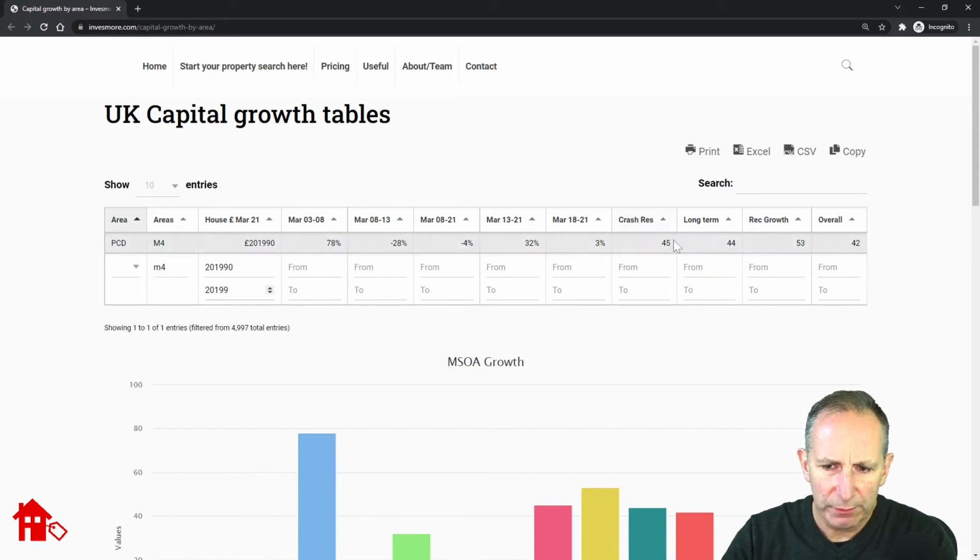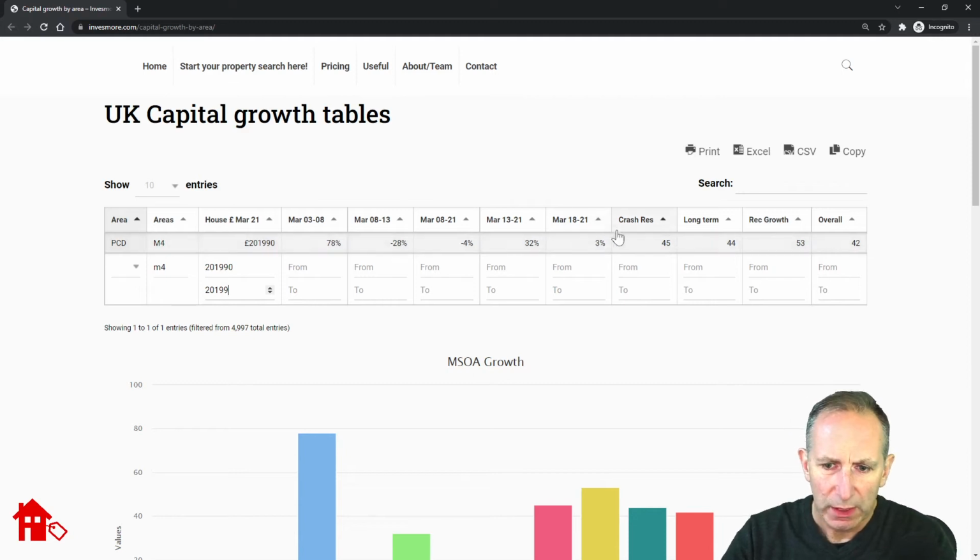And then here I've built an algorithm which is a ranked score. So it's an indexed score, but it's based on rankings. And what it does is it looks at, for example, for crash resistance, which areas were strongest between 2008 and 13.